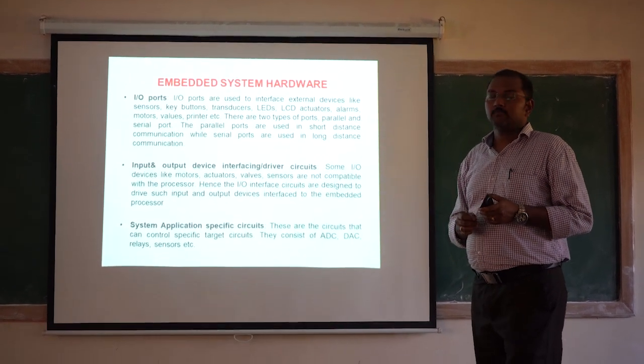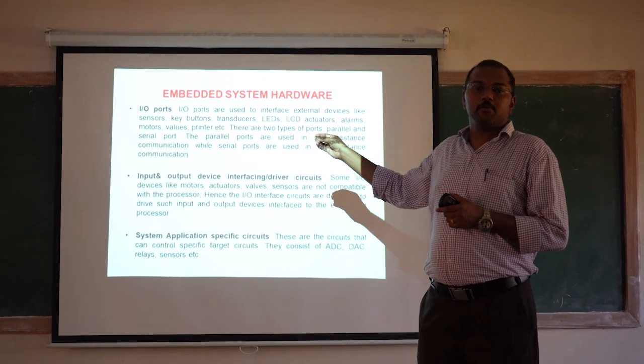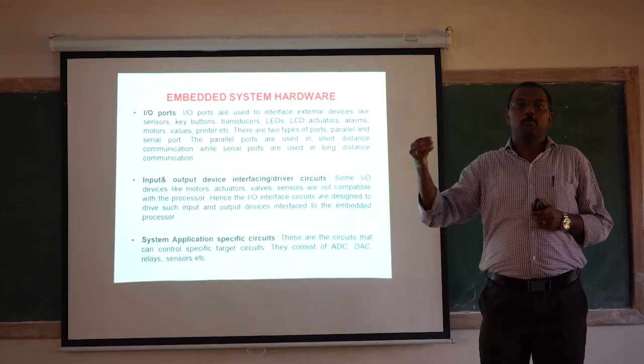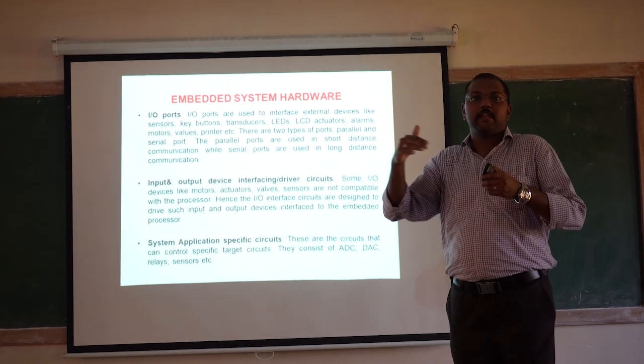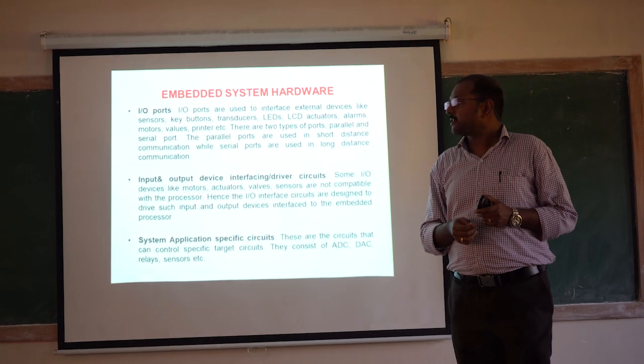IO ports. So what are the input and output ports? No need to go deeply into that, but you already know the input ports: keyboard, mouse, joystick. What are the output ports? Monitor. Devices which are able to display are considered output devices, right?